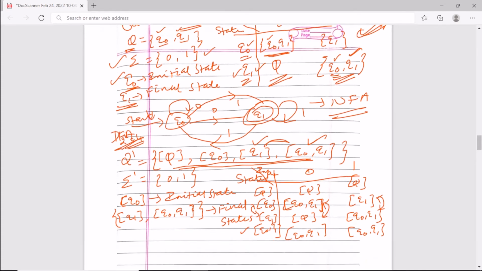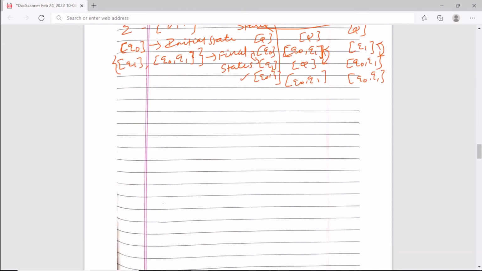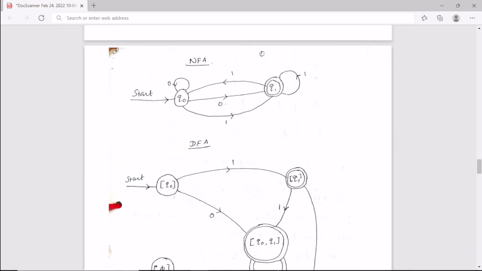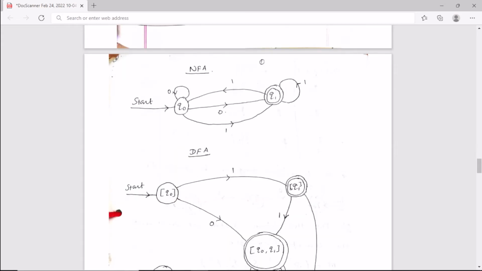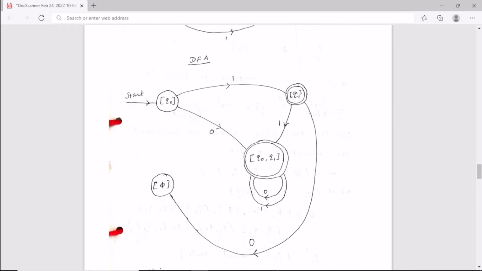Okay, that's all. Now, the next page I have given the complete diagram. So this is an NFA, the given NFA, and for that we have to construct an equivalent DFA. So this is the equivalent DFA. For that we have the transition functions.